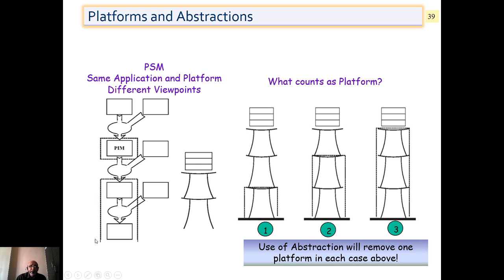So there is now a question for you to answer, right? Just see to it. PSM, same application and platform, different viewpoints are there. What counts as a platform? In the first case, after visualizing two things, okay, in the platform, you can reach out to the platform.